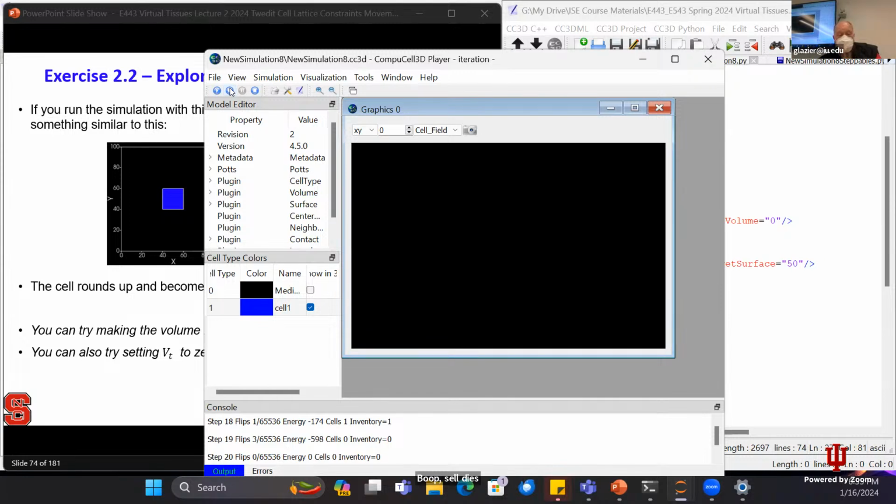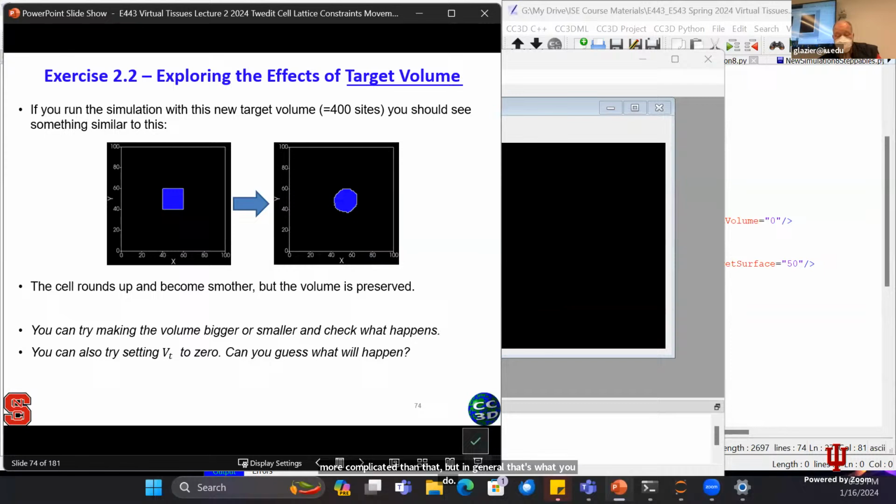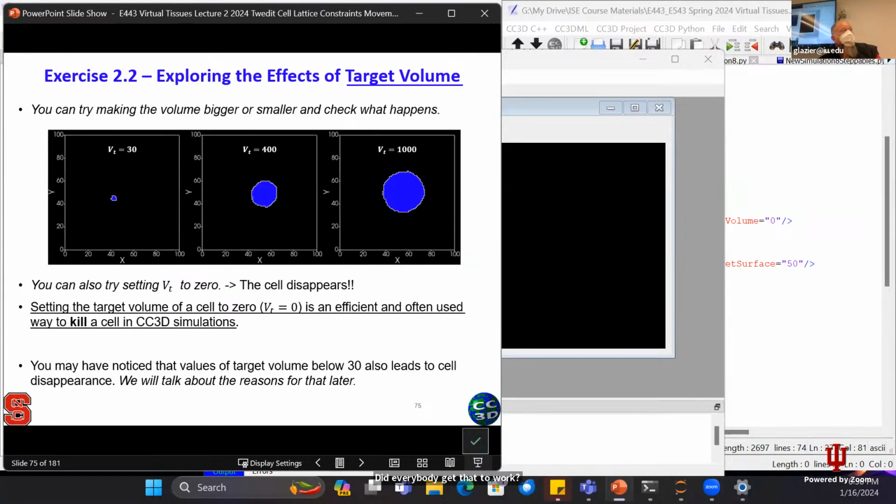And that's actually a standard way to kill cells, actually, is to set their target volume to 0. They shrink and disappear. Sometimes it's a little more complicated than that, but in general, that's what you do. Did everybody get that to work? Yes? No? Okay.